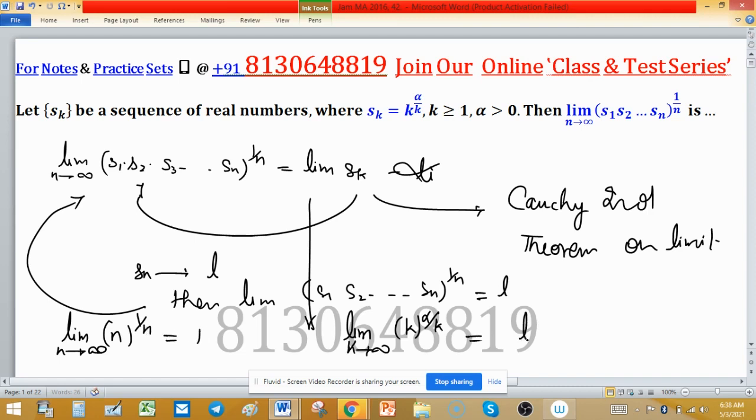So use this here, limit k tends to infinity k raised to the power 1 upon k, raised to the power alpha, because alpha is greater than 0. So limit of this one is also 1. So 1 raised to the power alpha is 1. So limit of this equals 1.